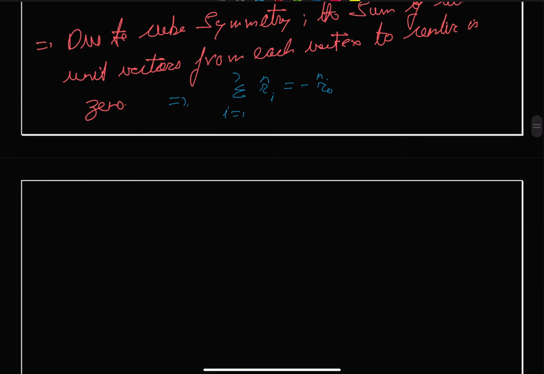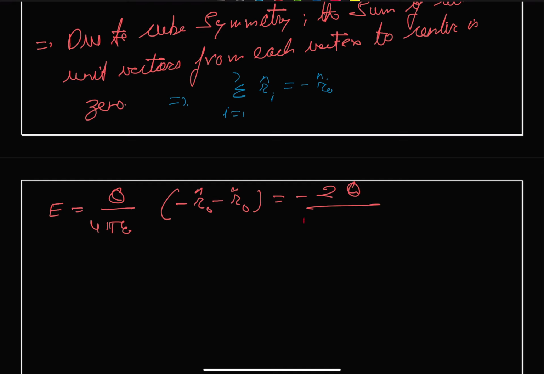So substituting it, we get the electric field equal to Q upon 4 pi epsilon naught times minus R naught unit vector minus R naught unit vector. This gives us minus 2Q divided by 4 pi epsilon naught R square, R naught unit vector.